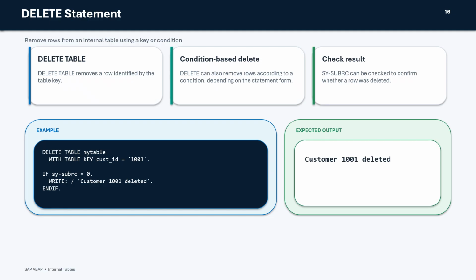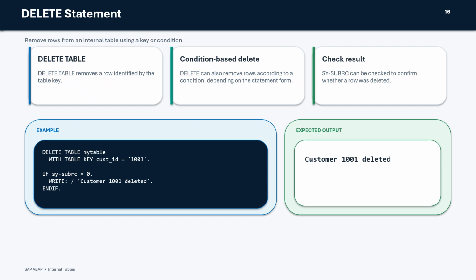But whenever we are working with a database table, the delete statement needs to be used very carefully, and check the conditions properly before deleting anything. If a record is deleted, it's very difficult to retrieve it again, right?